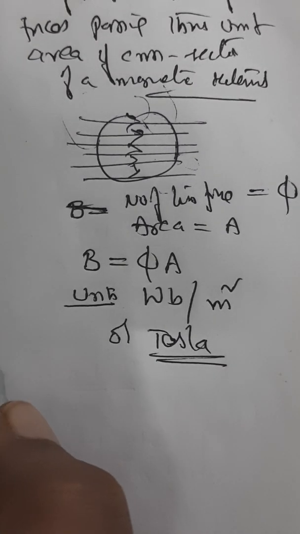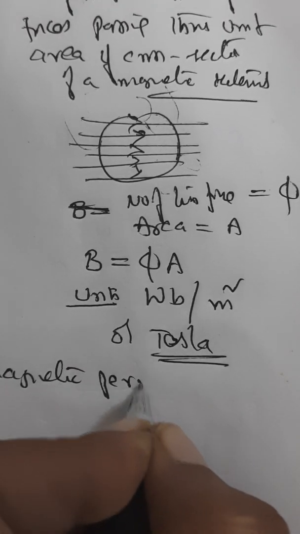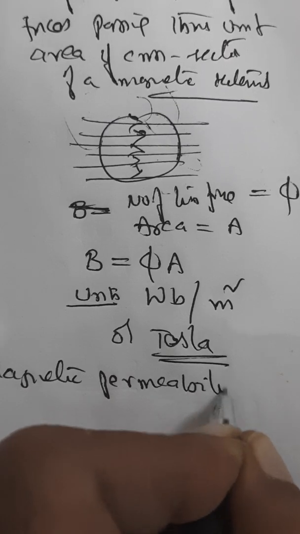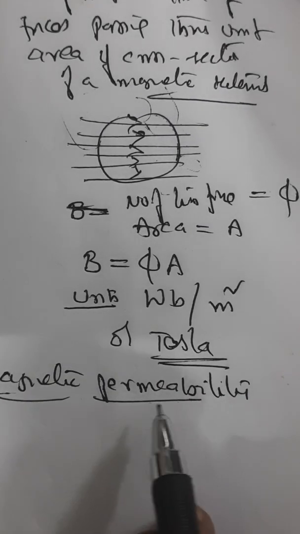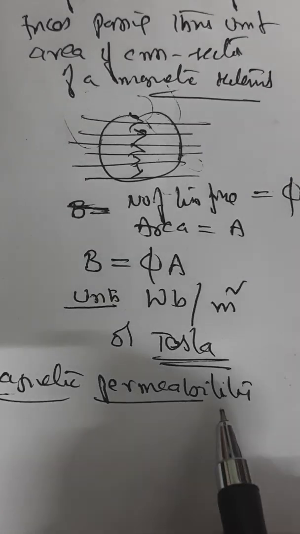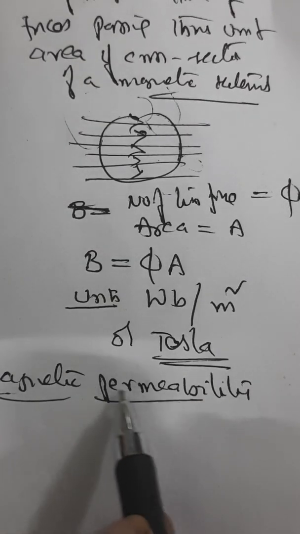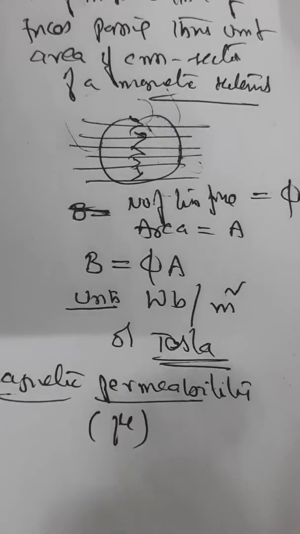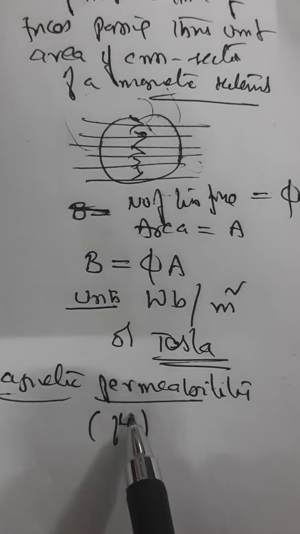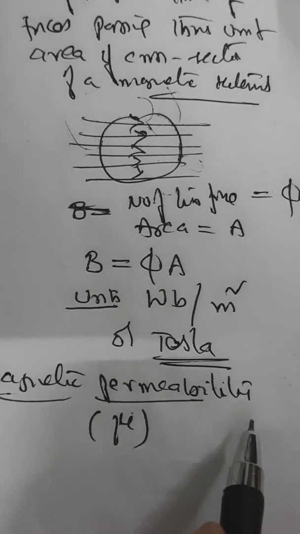And then we need to understand magnetic permeability. Generally, permeability is the ability of the medium to allow the lines of force to pass through. In this case, it is magnetic permeability. It is represented by the alphabet mu. It is the measure of the amount of magnetic lines of force penetrating through the material.